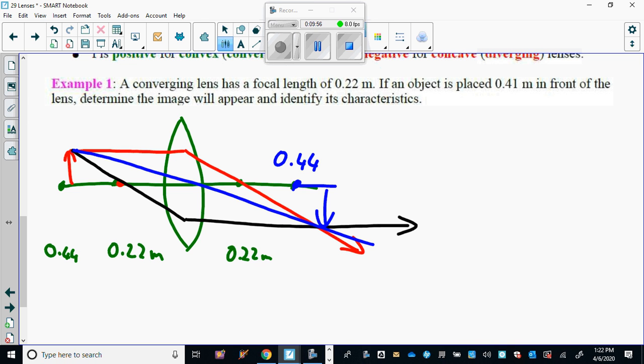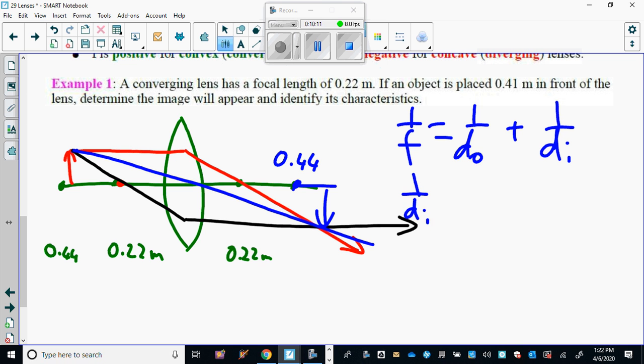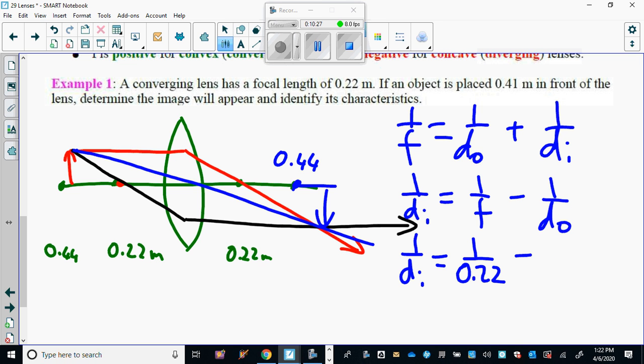Let's do it algebraically. 1 over f equals 1 over DO plus 1 over DI. Exactly the same as mirrors. We're solving for DI. Plug in our numbers. Remember that if it's converging, then the focal length is positive. And solve for DI.